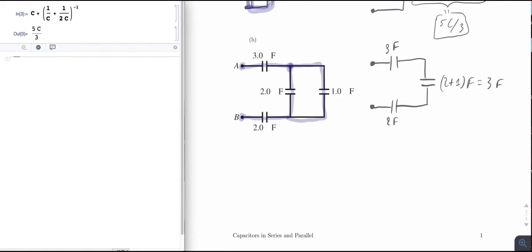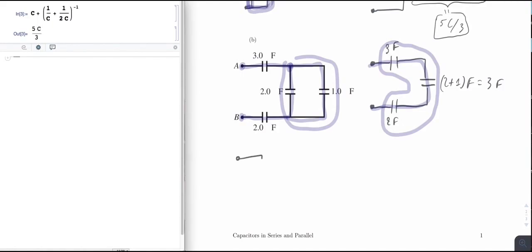That's really nice because look, eliminating these last two, now we have one circuit. There's no more ambiguity. I have only one path to take. That means all 3 capacitors that are remaining are in series.